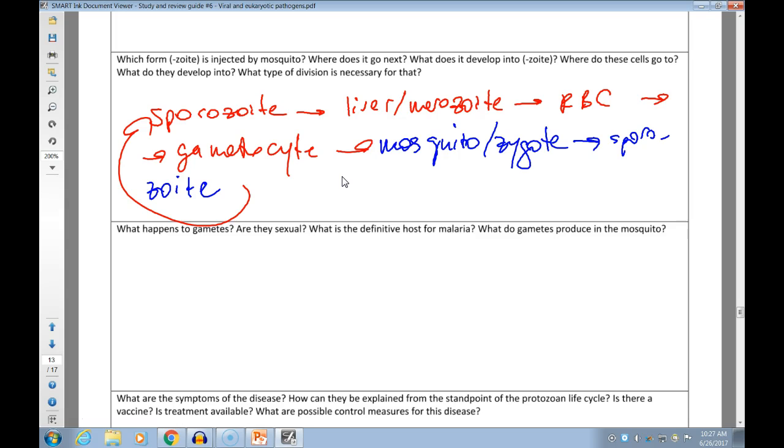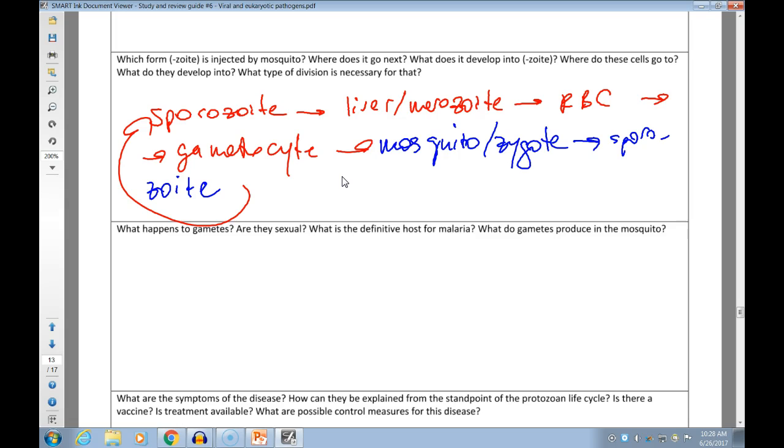Sporozoite is injected into the blood, gets to the liver, becomes merozoite. Merozoites are released from the liver and infect red blood cells. Red blood cells produce gametocytes, sexual. Gametocytes are taken by the mosquito. Fusion of gametocytes produces a zygote.